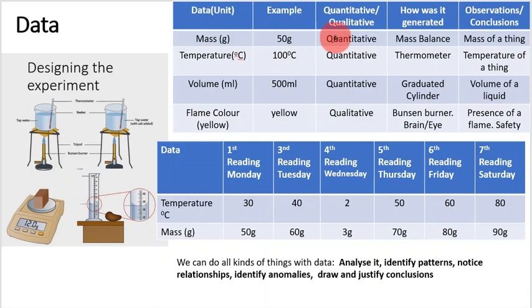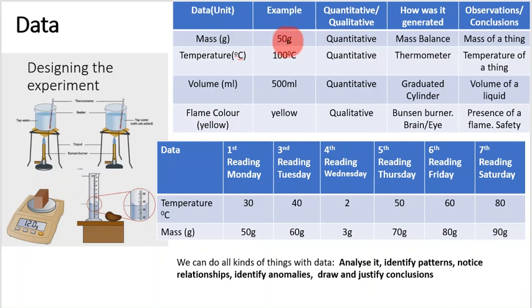And what kind of data is that? Generally, you have two types of data. You have what's known as quantitative data, and then you have qualitative data. Quantitative data relates to quantities, the quantity of something. If we want to quantify something, we're going to generally use a number.